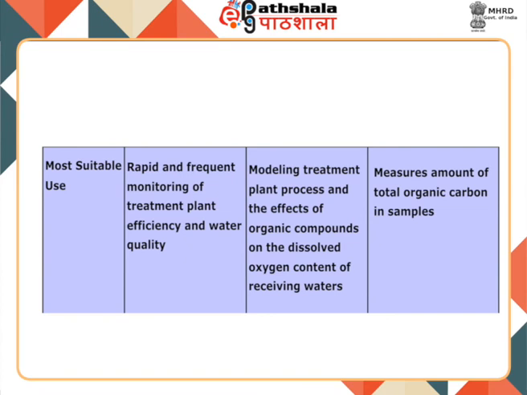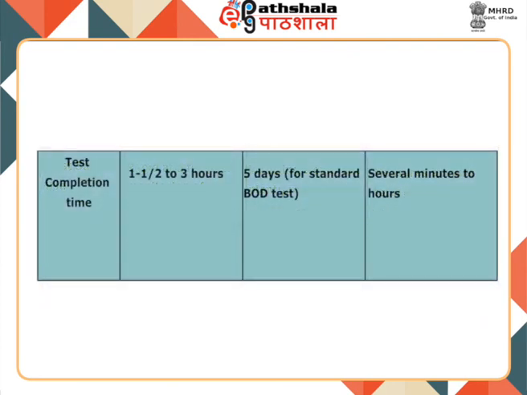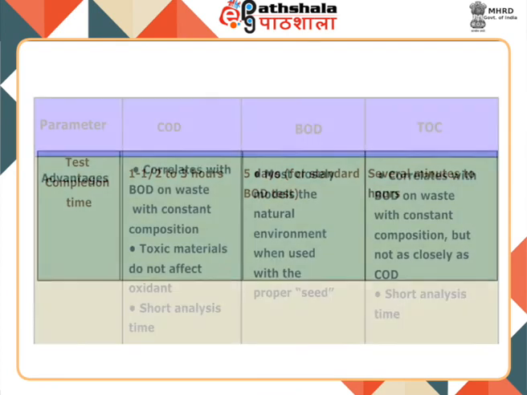BOD is for modeling treatment plant processes and the effects of organic compounds on the dissolved oxygen content of receiving water, while TOC measures the amount of total organic carbon in a sample. Test completion time. COD requires 1 to 3 hours, BOD requires 5 days and TOC several minutes to hours.